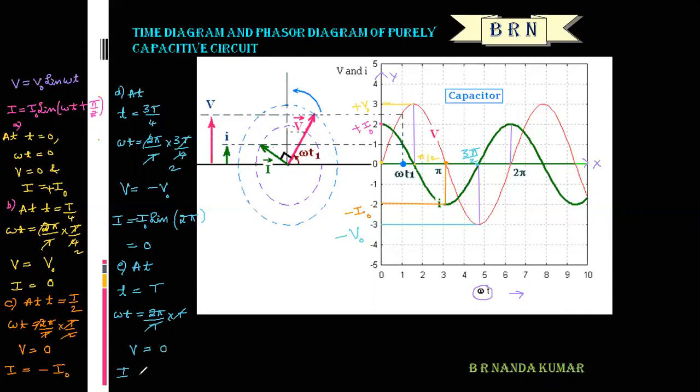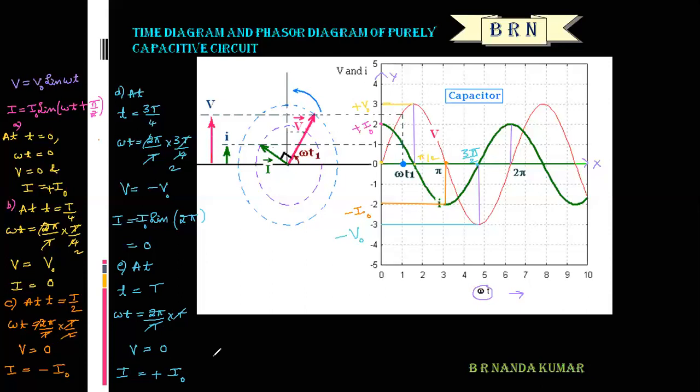The current is I equal to I naught sine of (2π + π/2), that is sine of 5π/2, right? 2π plus π/2 is 5π/2. Sine of odd multiples of π/2, how much? That is 1. So the current is maximum, that is plus I naught.